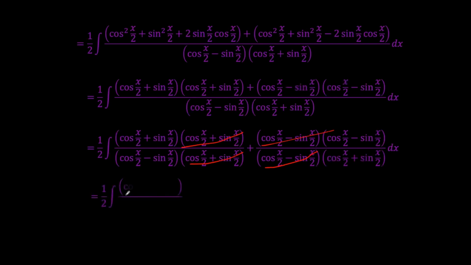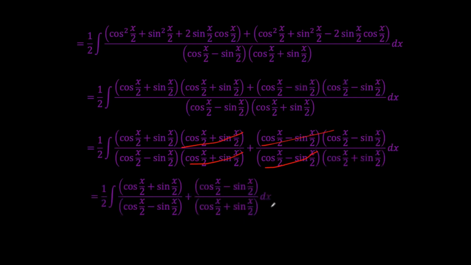And so here we are left with half the integral of cosine x/2 plus sine x/2 over cosine x/2 minus sine x/2. And then here we have cosine x/2 minus sine x/2 over cosine x/2 plus sine x/2, integral. So as you can see, we're going to play a little bit farther here.